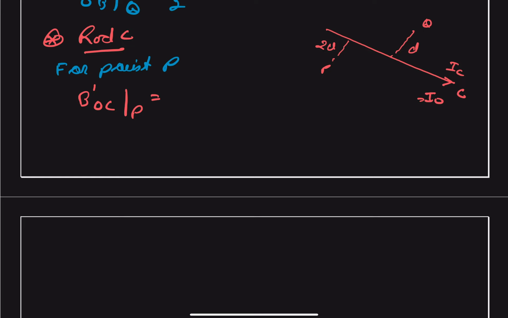IC is assumed to be K multiplied by I naught. We are going to find the value of K later on. So this comes as K by 2 times B naught, and will be into the paper.